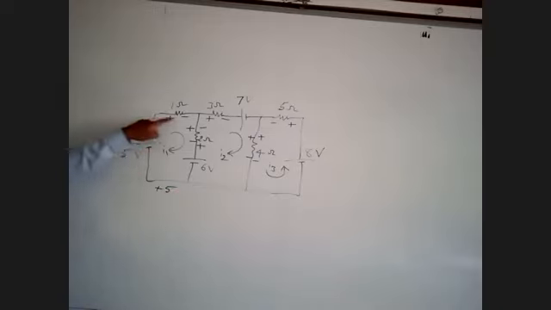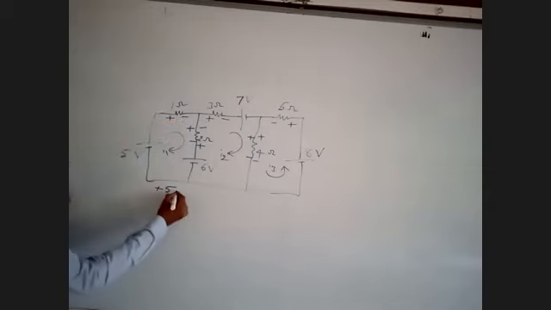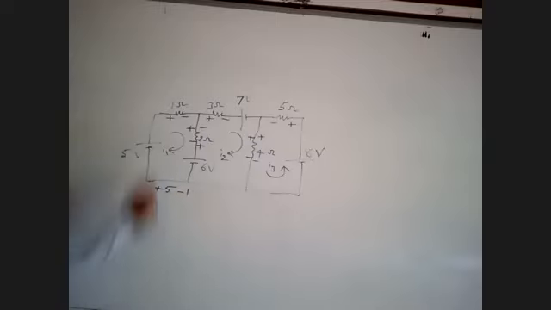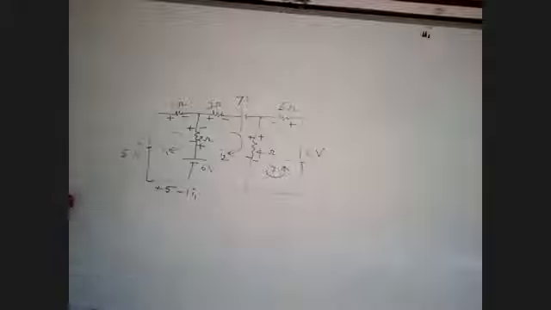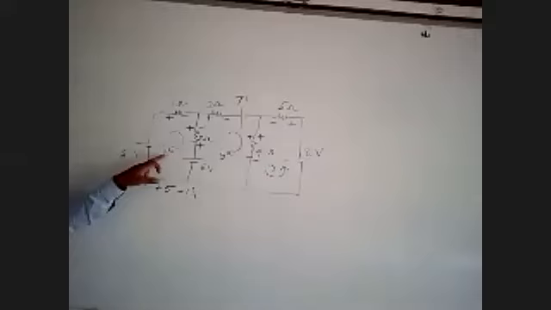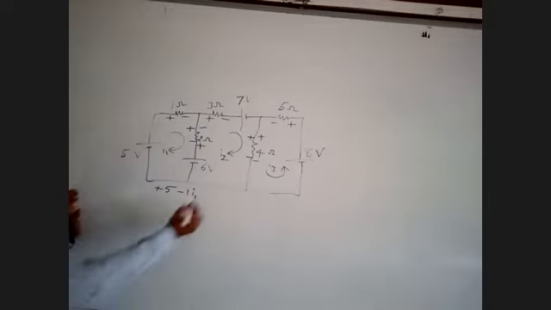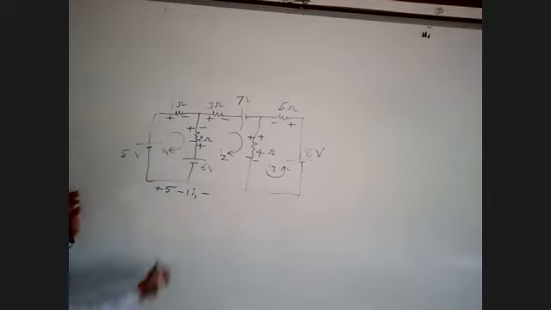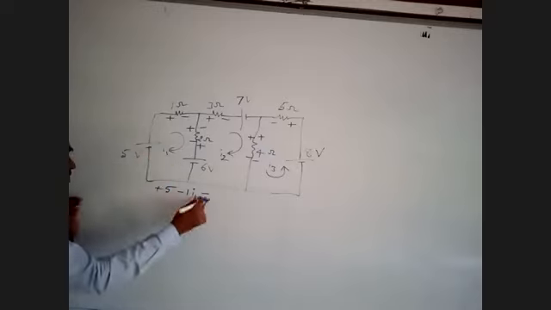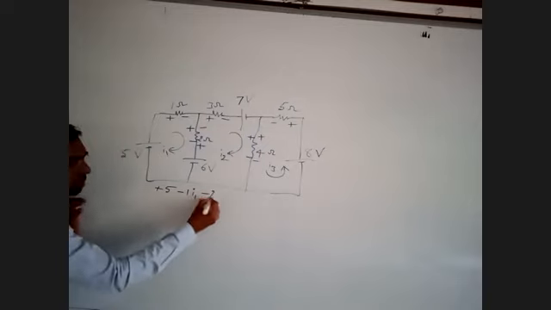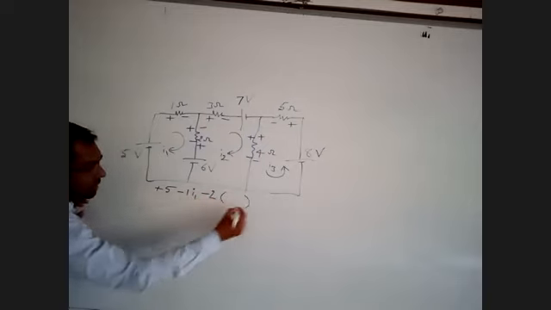I1 is flowing from plus to minus across the 1 ohm resistor, so minus 1 times I1. In the first loop you have to see I1 only. Then I1 is flowing from plus to minus across the 2 ohm resistor, so minus 2. What is the current in this?